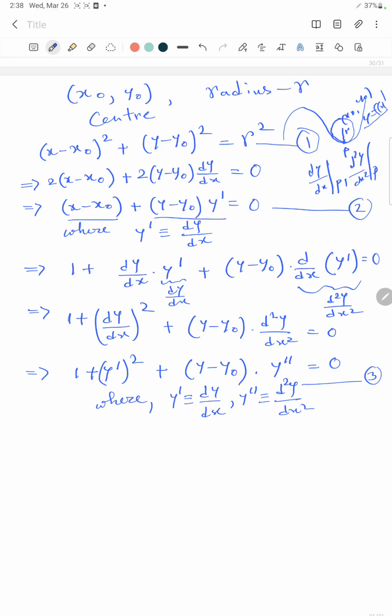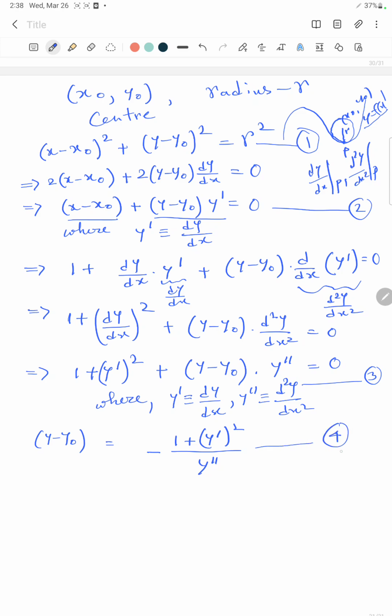That is standard. Okay, now from this equation number 3, you will get y minus y naught equal to minus of this, which is very easy to get. Suppose this is your equation number 4.